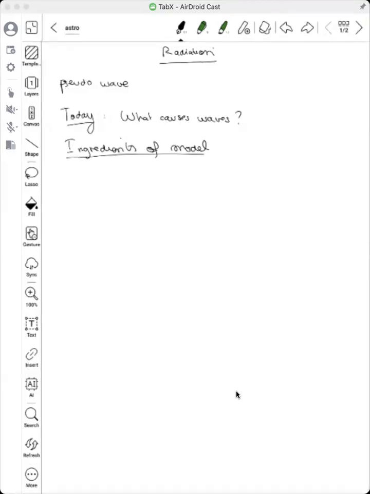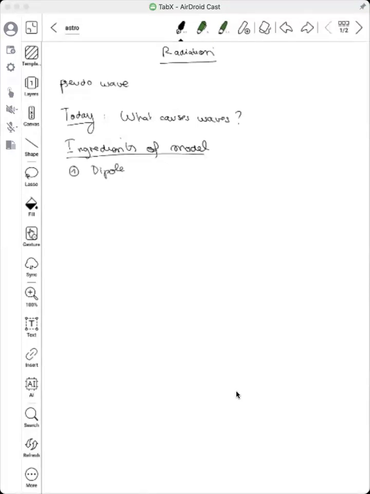They are the following. So we have a dipole, okay? We mentioned that we need some moving particles in order to generate radiation. What we actually need is accelerating particles within a dipole. It's not enough to just have one particle. So the first ingredient is a dipole.